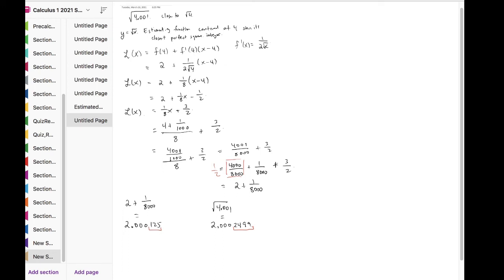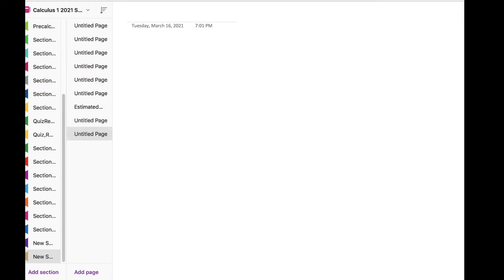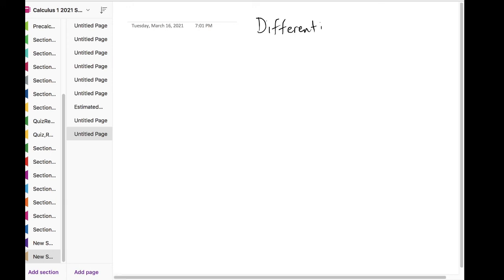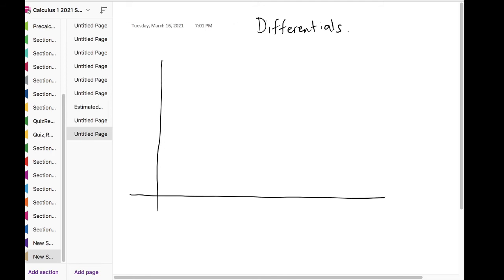All right, so let's think about some geometry now. Okay, so it's an application of linear approximation.